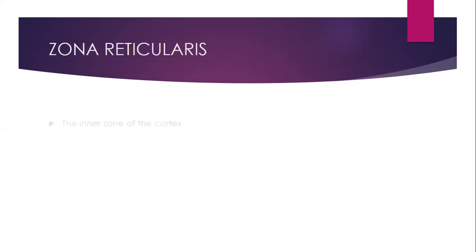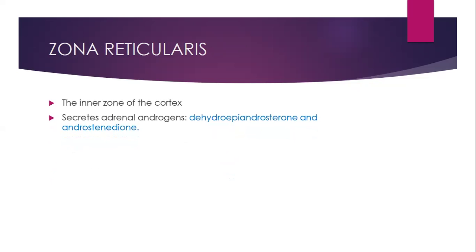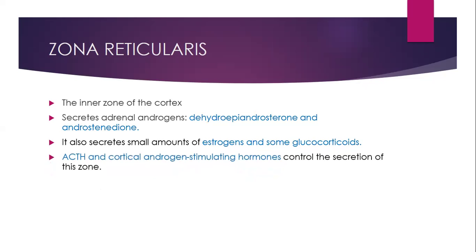And ACTH is usually produced from the anterior pituitary gland under the influence of CRF, corticotropin releasing factor, from the hypothalamus. The zona reticularis is the innermost layer of the cortex, and it is important in the production of adrenal androgens. And we have dihydroepiandrosterone and androstenedione. But again, it can secrete small amounts of estrogens and some glucocorticoids, but importantly, it secretes the two adrenal androgens.